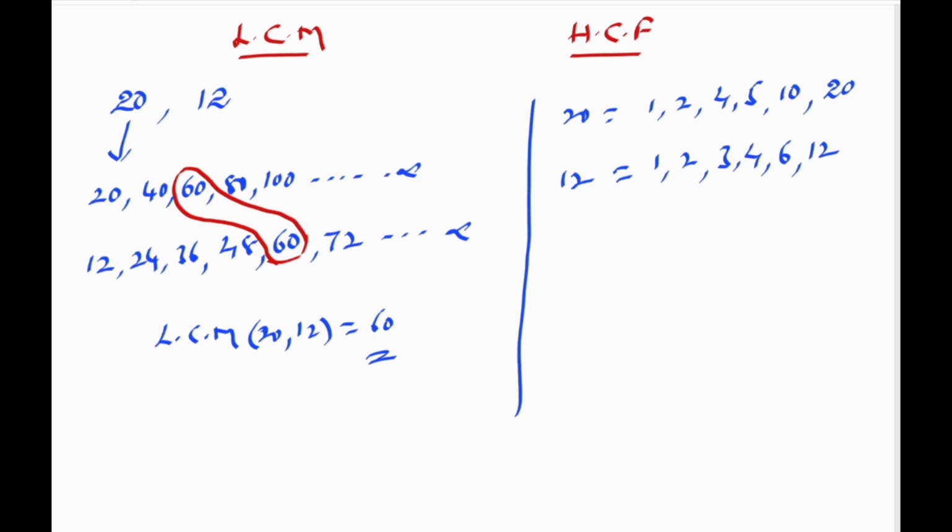Now we have to deal with the common factors, and it will be the highest. 1 is common, 2 is common, 4 is common. So the highest common factor of 20 and 12 will be 4.